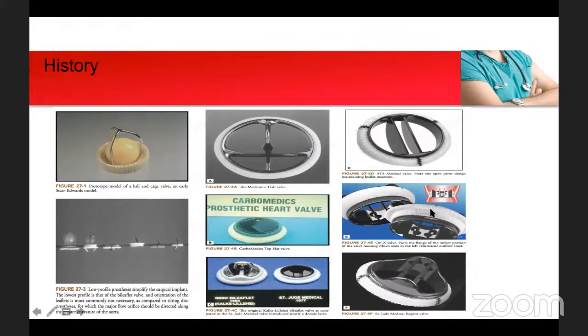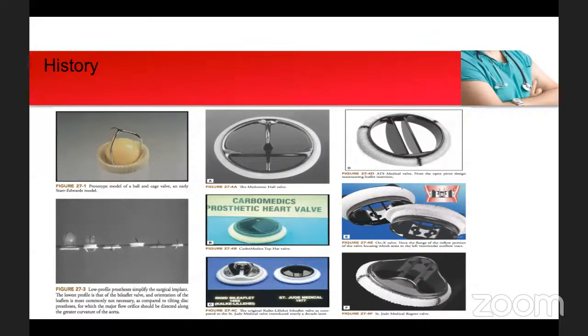Next we have the third generation, the bileaflet aortic valve prosthesis, with the model by Kalke and Lillehei first implanted, and then St. Jude Medical introduced in 1977. Different models were introduced to the market, like Carbomedics, Sulzer, ATS Medical and the Onyx valve.